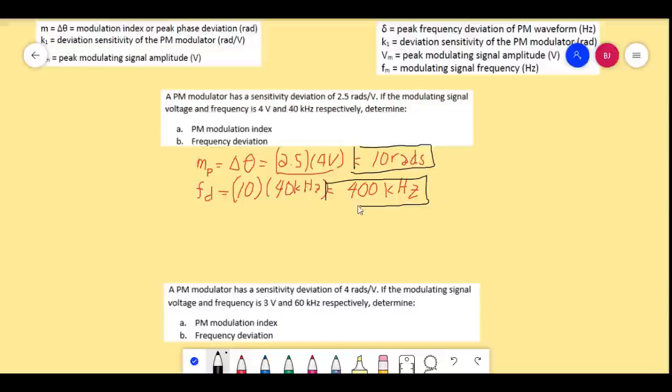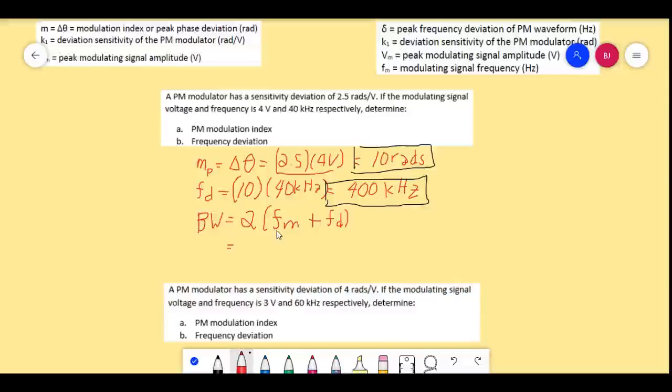The formula for bandwidth stays the same. If we are to get the approximate bandwidth, we can use Carson's rule, in which we just multiply 2 with the sum of f sub m, or modulating signal frequency, and the deviation frequency. So there's no change in the formula here.